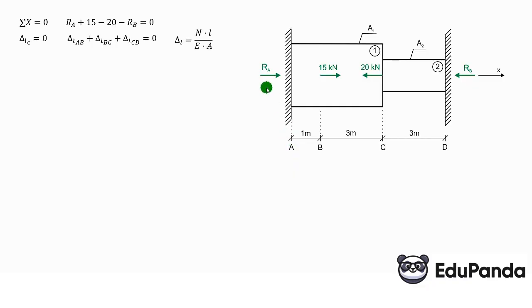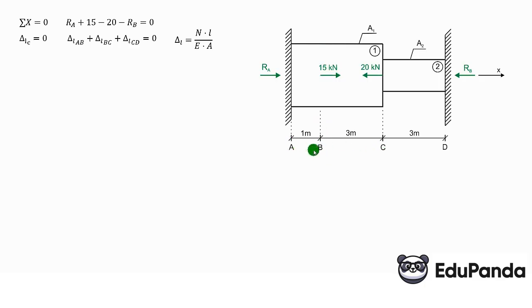So let's recall the formula for elongation. It is the force in this segment of the rod times the length of this segment divided by Young's modulus times the cross-sectional area. So let's write down the forces in the intervals AB, BC, and CD. The force in the interval AB, looking from the left side: the force 15 kN only starts in the interval BC.